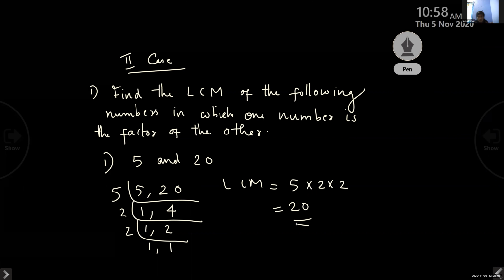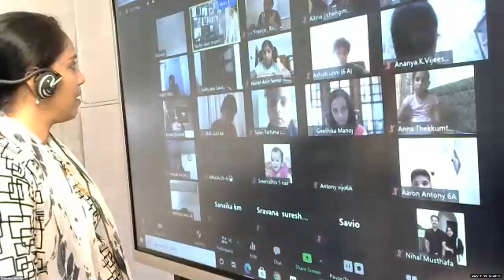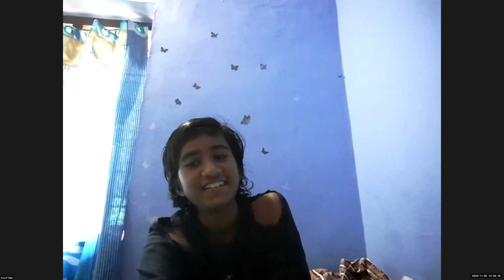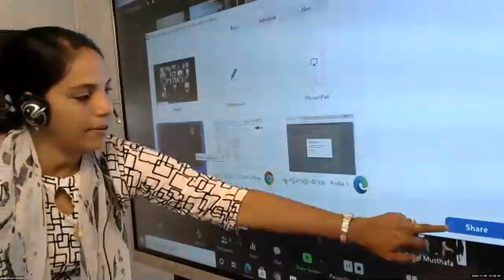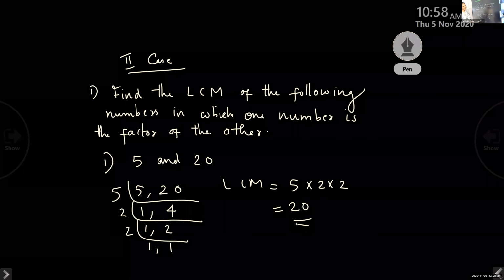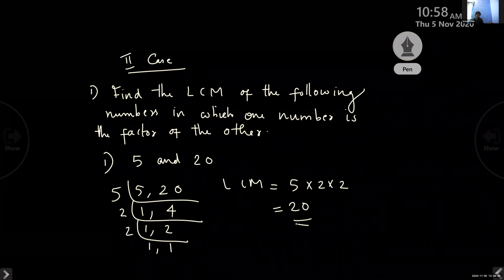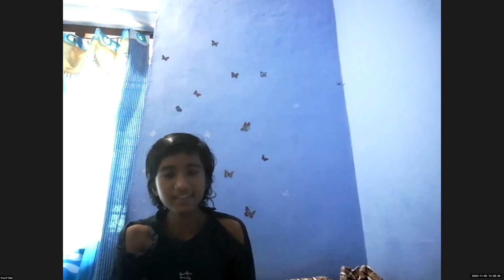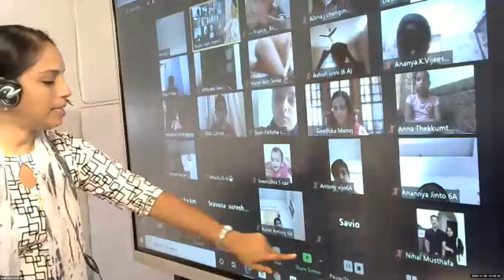When we do the LCM with the factor of the other number, is there any observation? Did you find out any fact? If we multiply with a multiple of the number, that big number will come as the LCM.